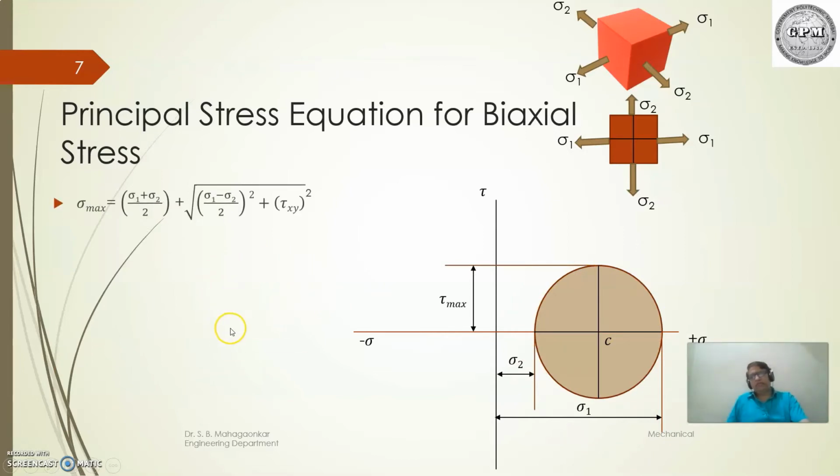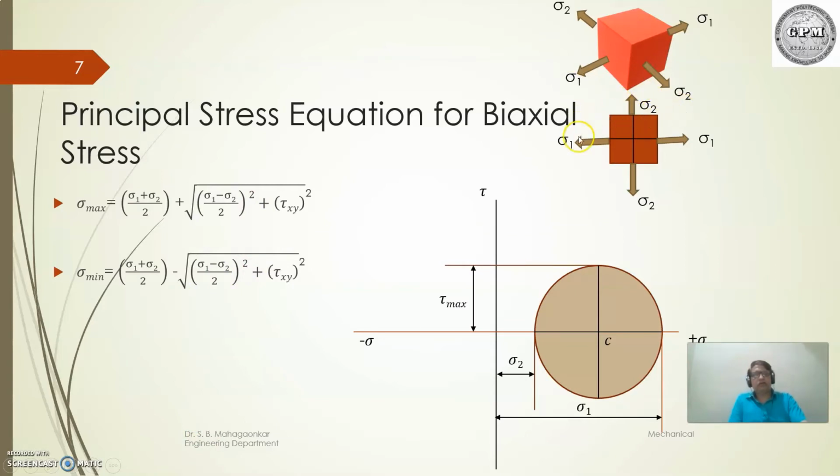With the help of the Mohr circle, we can get sigma maximum and sigma minimum. It is nothing but sigma 1 plus sigma 2 upon 2, plus or minus under root of ((sigma 1 minus sigma 2) by 2) square plus tau xy square, where tau xy is the tangential shear.